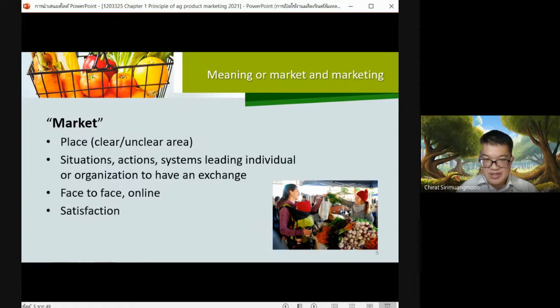But those exchanges would have satisfaction between seller and buyer. So again, market can be a clear or unclear area, but the key point is it needs to have some exchange. That exchange can be face to face or online, but both sides should have some satisfaction.